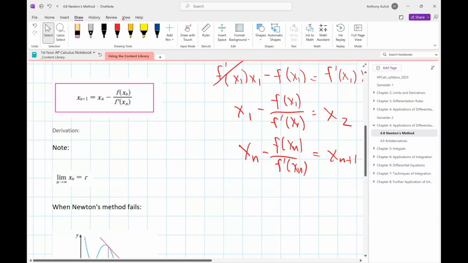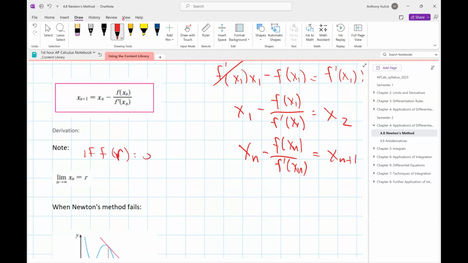Now notice that if f of r is equal to 0, if I do this Newton's method infinitely many times, that x-intercept should approach r, right?